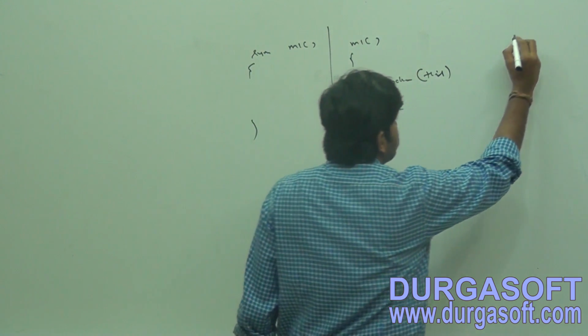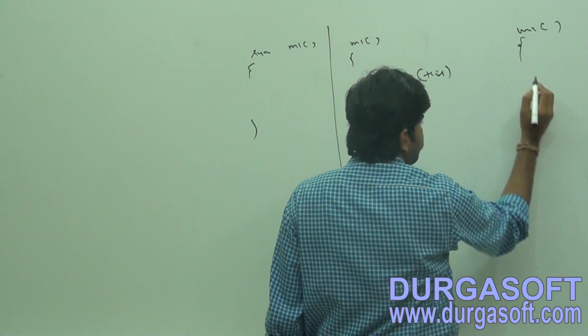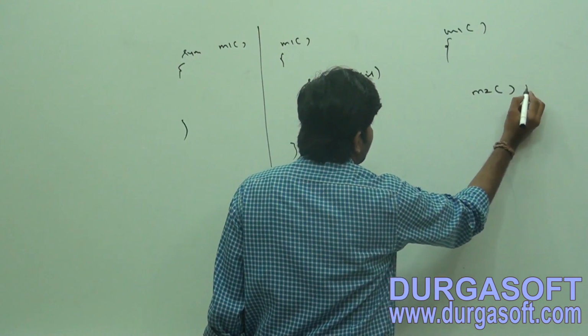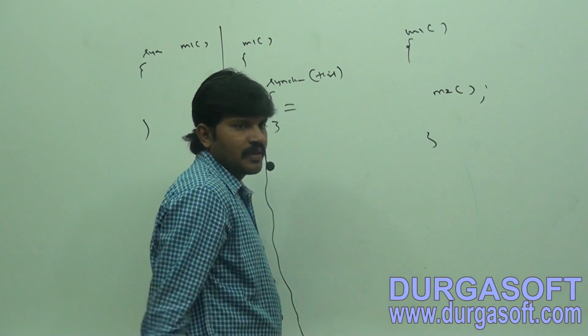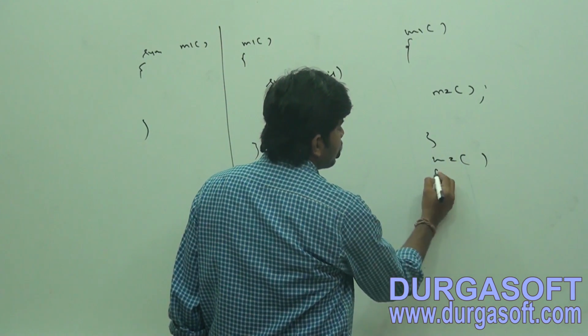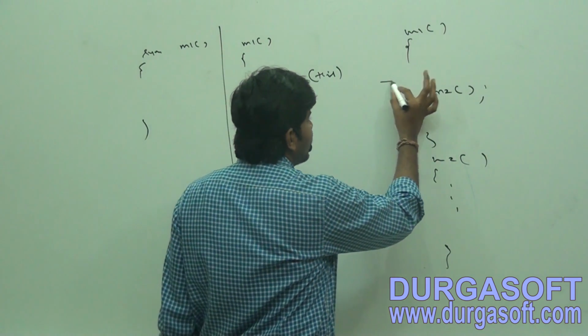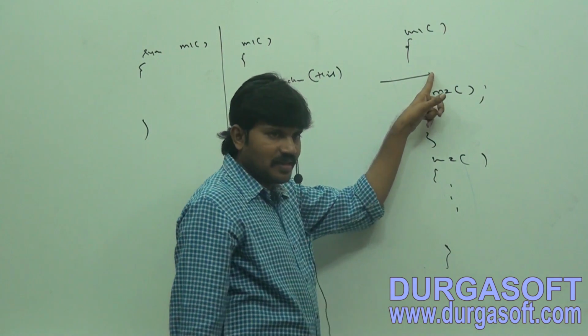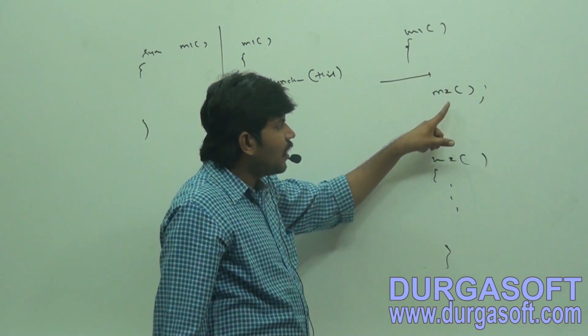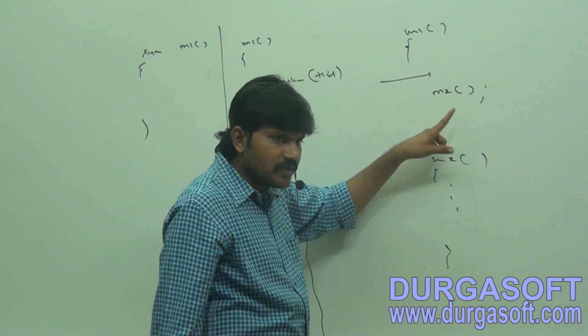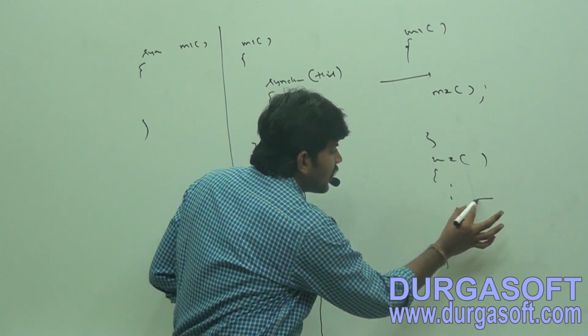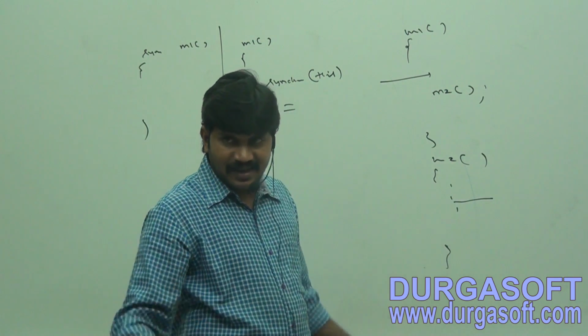Suppose m1 is there, and within m1 I am calling the m2 method. Just observe the m2 code. I want a lock here, and I am calling the m2 method, and within m2, from here onwards the lock is no longer required.